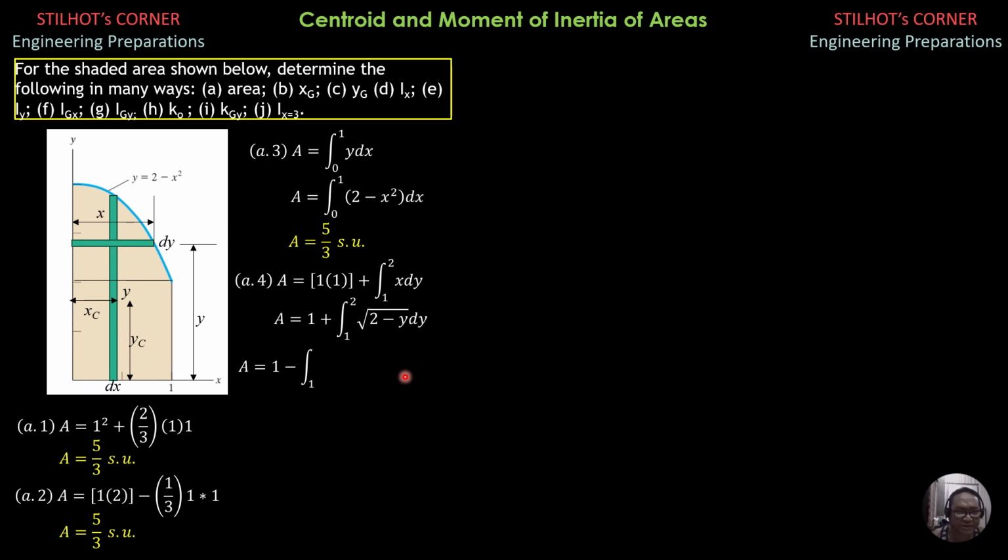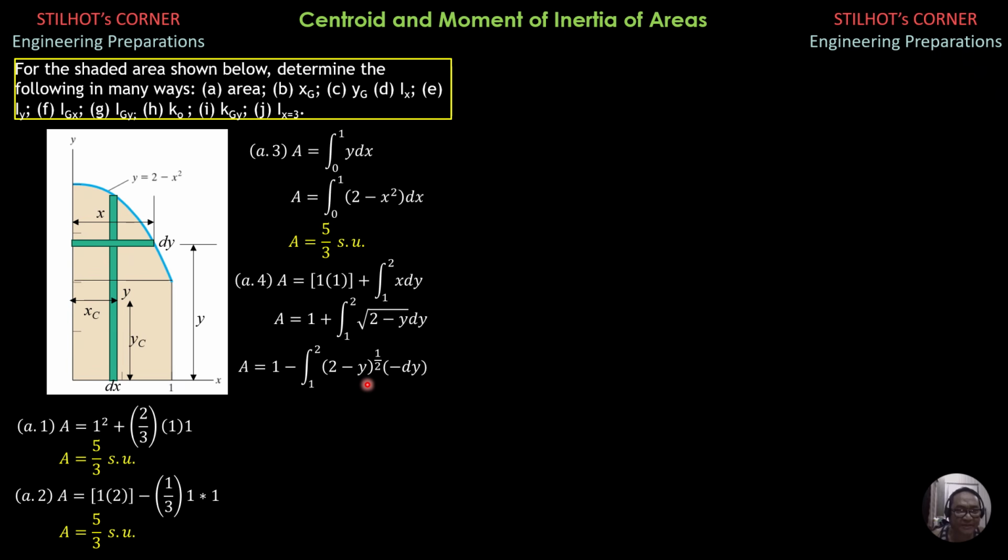So using your calculator, it is also equal to 5/3. I let u be 2 minus y, so the integrand is 2 minus y raised to 1/2. The differential is negative dy. So I precede the whole integral by a negative sign.